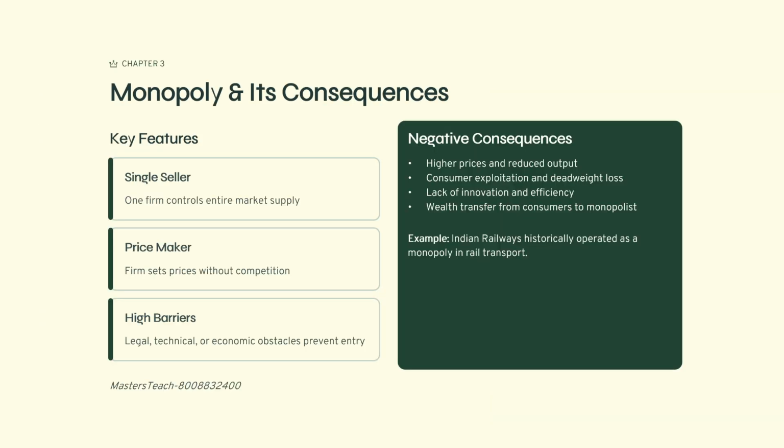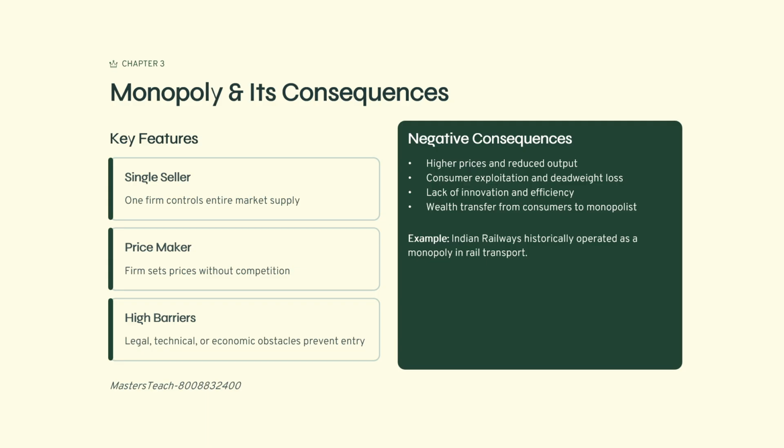Then what is monopoly and its consequences? Monopoly means only a single seller, so one firm controls the entire market supply. Price maker: the monopolist sets the price of the product. Higher barriers: due to legal, technical, and economic obstacles, other people cannot enter.